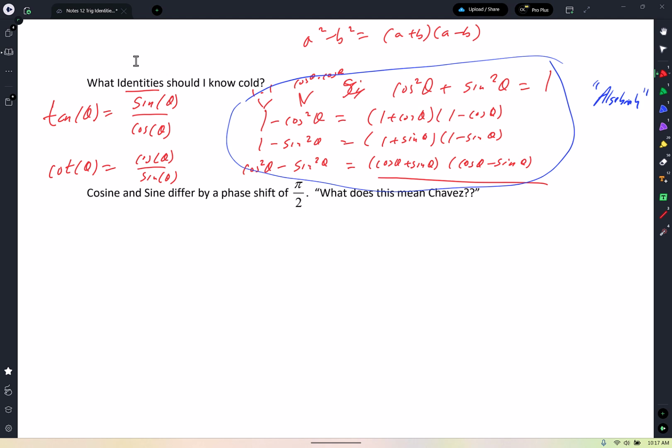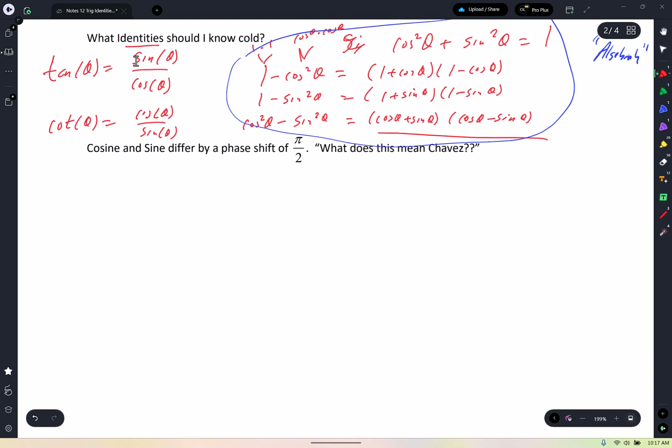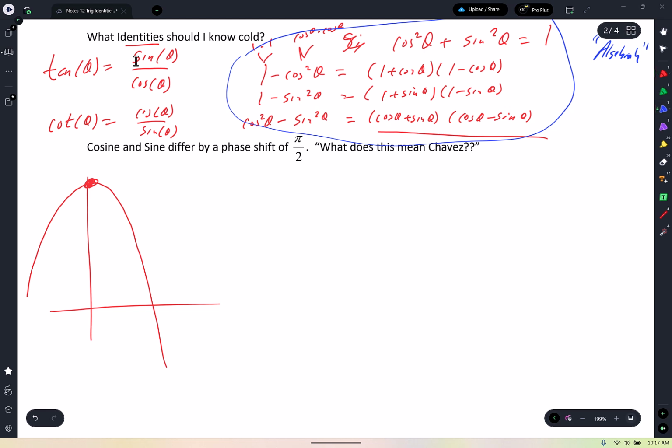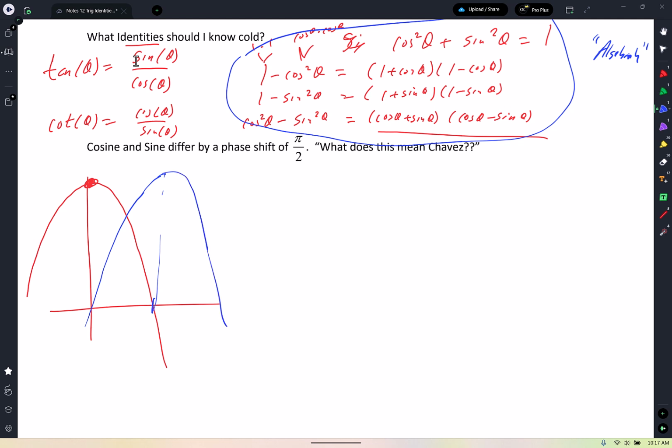Cosine and sine differ by a phase shift of pi over 2. What does that mean? All right, guys, focus. This is cosine. I didn't draw it perfect, but that's fine. The one in red is cosine.